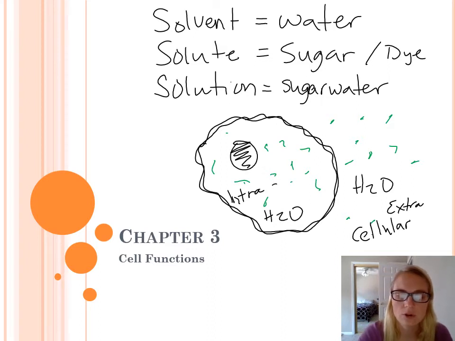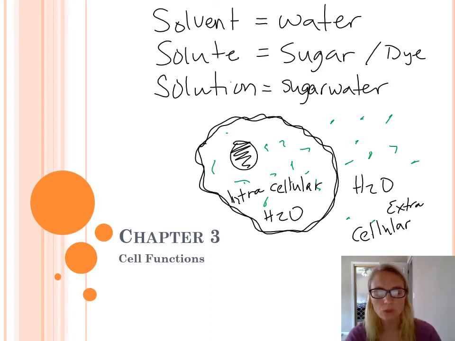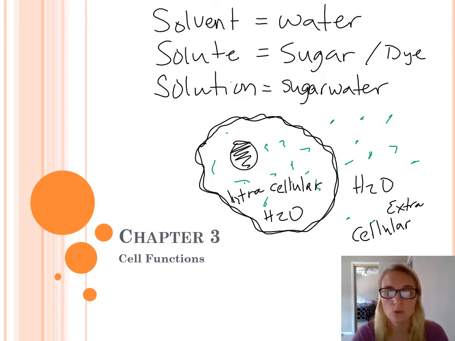And this is intracellular. As cells, we are all constantly moving things into and out of the cell. So when we talk about membrane transport, we're going to talk about the mechanisms of how solutes, or even solvents, watery things, can move into and out of the cells.